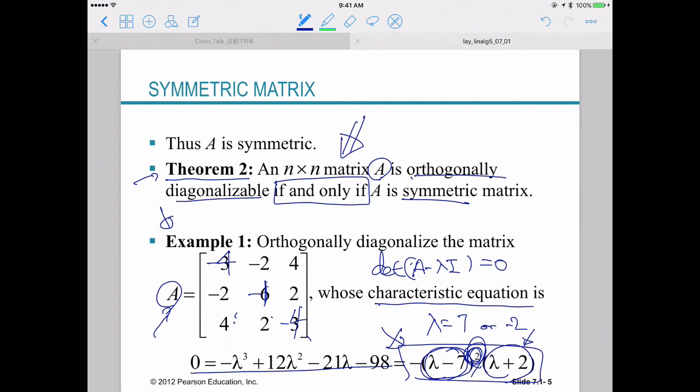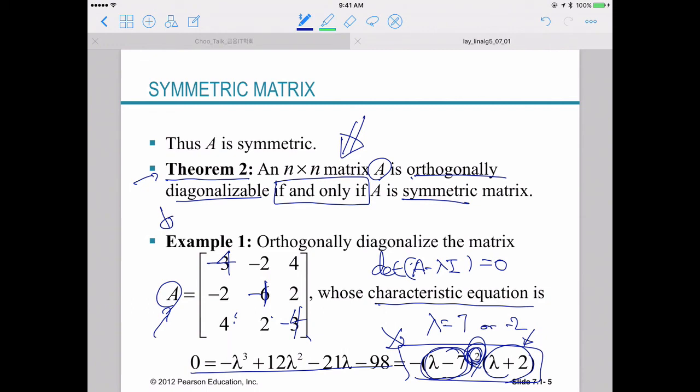We can understand that even before thinking about orthogonal diagonalization. So your symmetric matrix A is always diagonalizable, which means each eigenvalue will always give as many linearly independent eigenvectors as its algebraic multiplicity. That is the point.